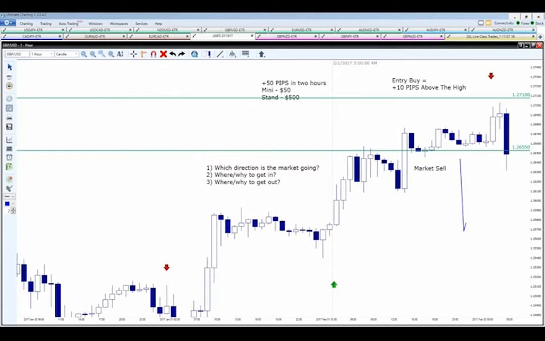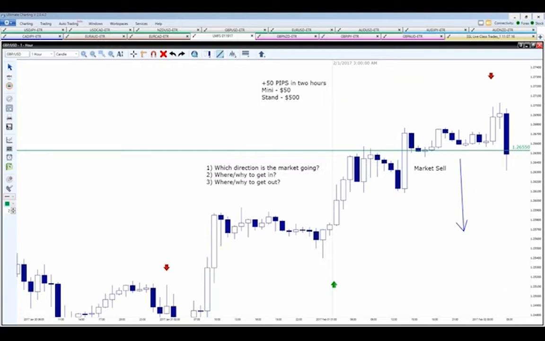It gives that directional movement going down. So we're in a market sell. We need to cancel the opposite order, just like that, because we're not looking to buy the market. We believe the market's going to go down. So there we got our market sell.